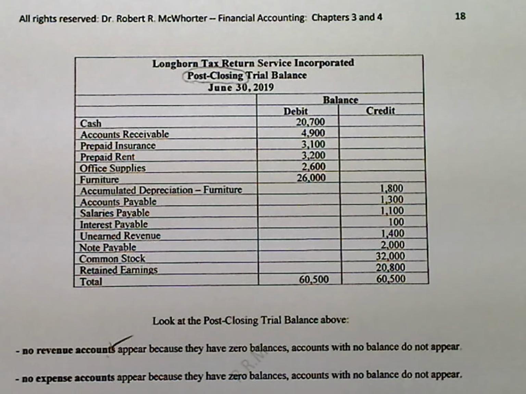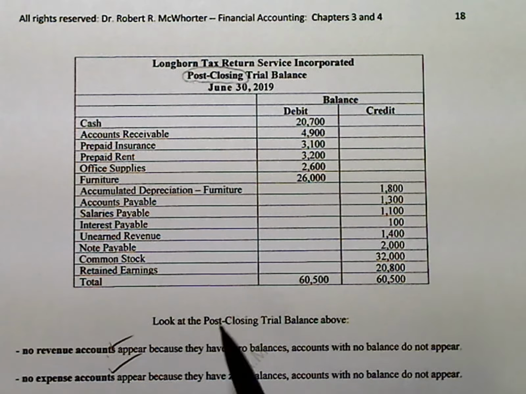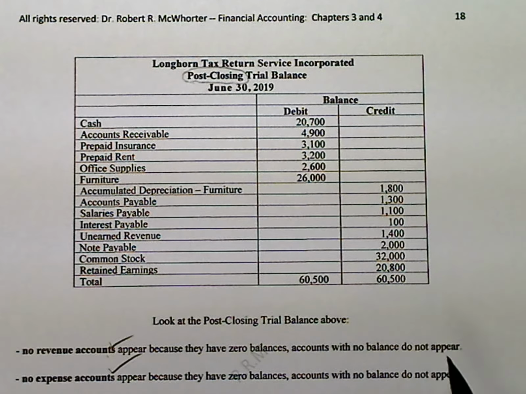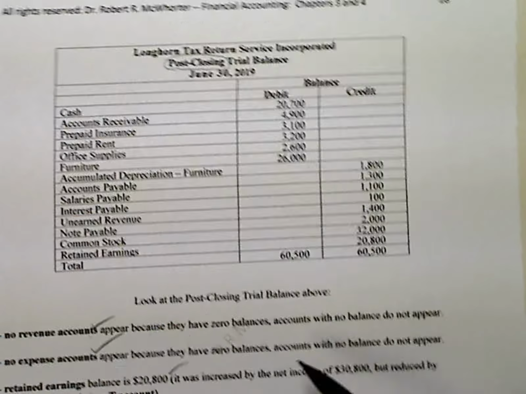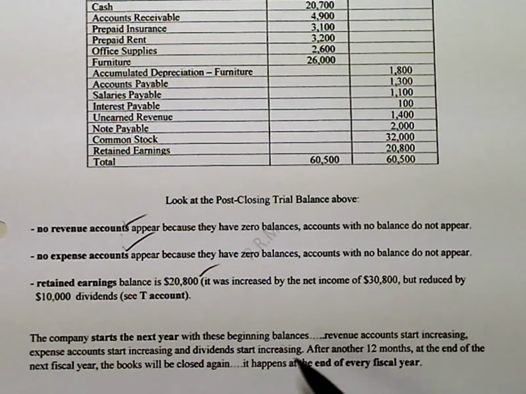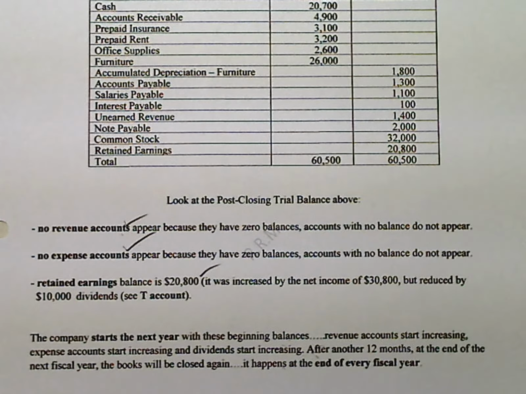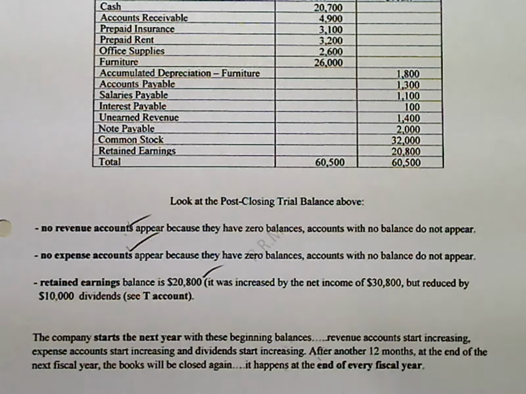If an account has a zero balance, it doesn't appear. There better not be any expense accounts up here now at the end of the year. Retained earnings, that account balance was changed. Look at the T account. It went up with net income, but down with the dividend. These balances, now that we have the post-closing trial balance, this is the starting balance for the next year.